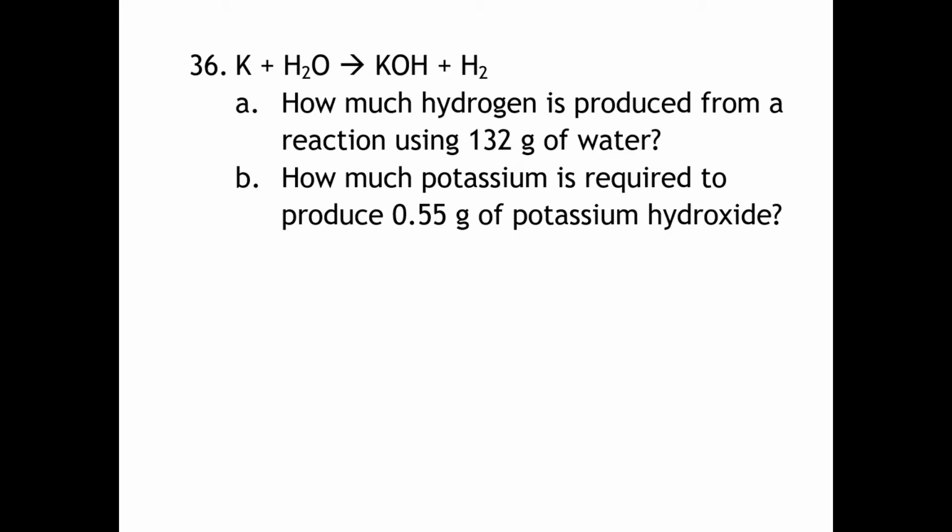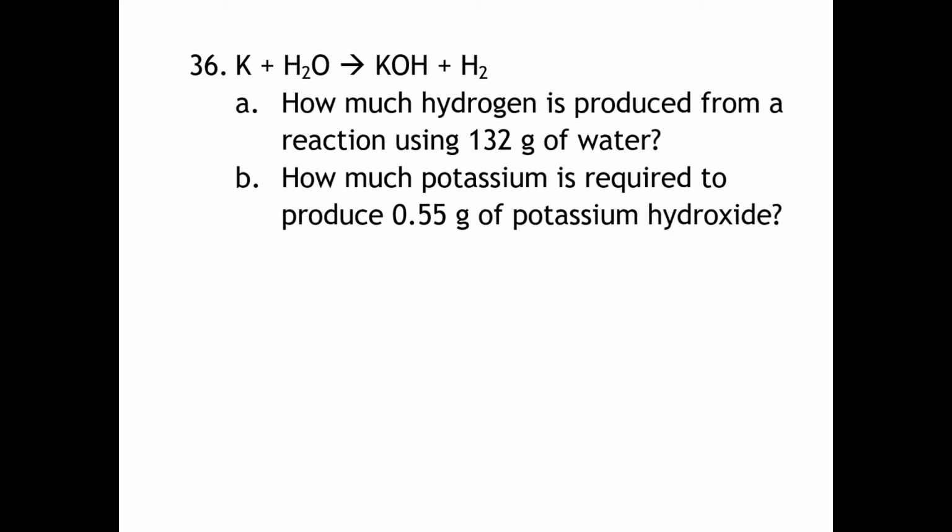The correct answer for this one is simply 7.33 recurring grams of hydrogen. The number of moles of water present in that quantity of water is 7.33. The molar ratio is 2 to 1. The relative formula mass of hydrogen is 2. Do all those calculations, we come out with 7.33 grams.